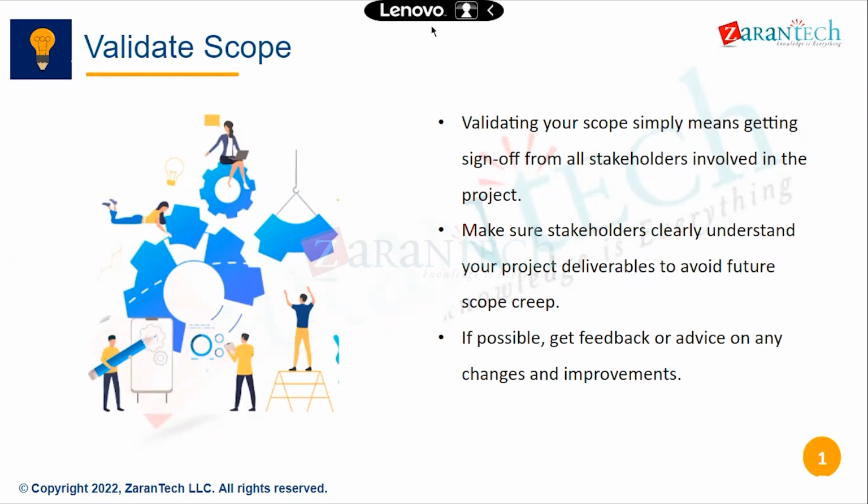The quality control process is performed before validating the scope, or sometimes in parallel, whereas validating scope is performed after quality control is over. These are two different things. Validating scope is basically ensuring that all the deliverables developed will be accepted by your client.